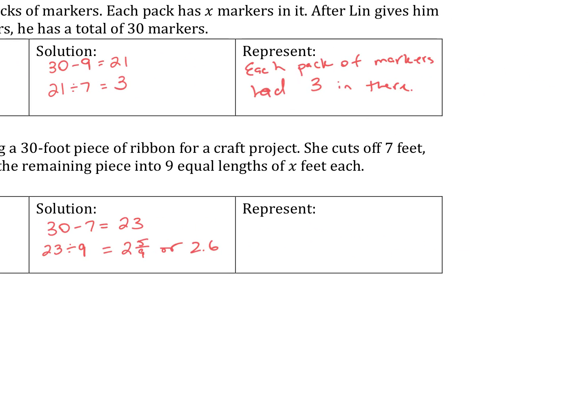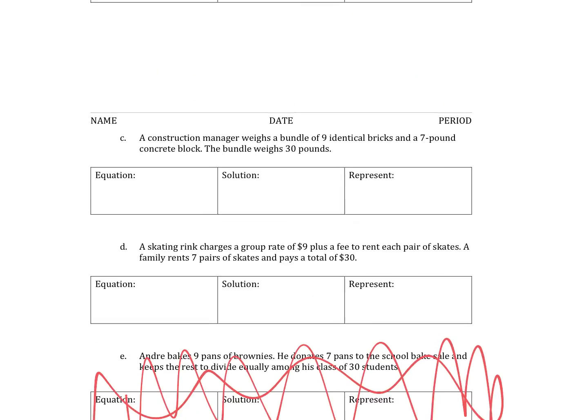So this represents each of the remaining pieces of ribbon are 2.6 feet.